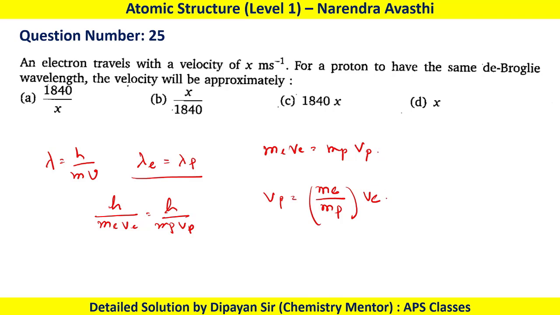Now according to the problem, v e is x and the proton is much heavier than the electron, so x by 1840 will be the final answer. So for question number 25, option B should be the correct option.